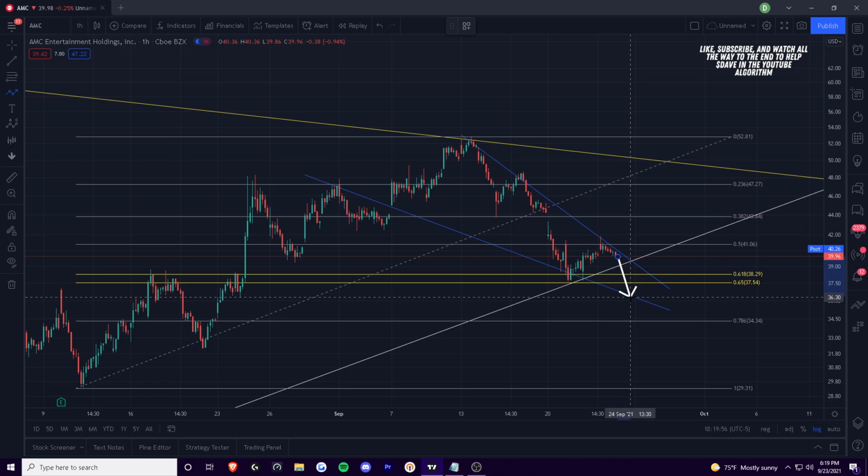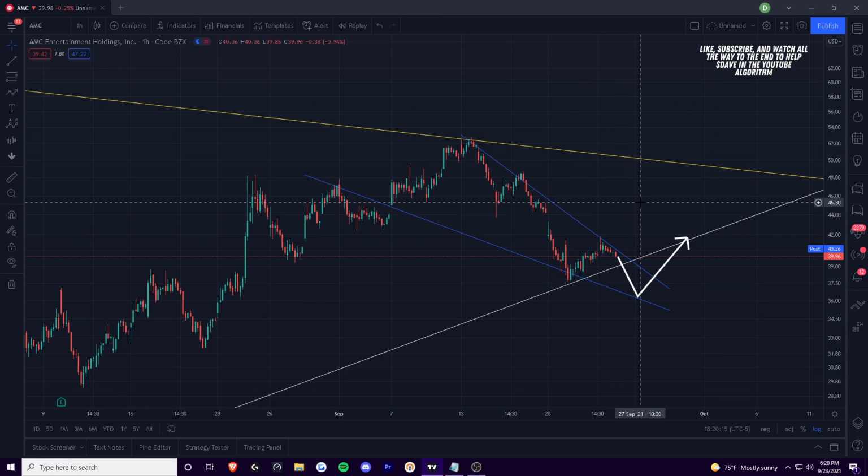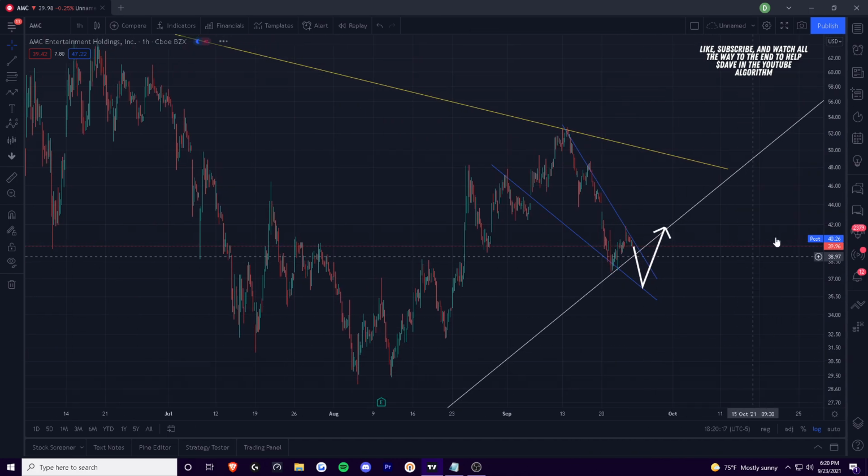But there might be one more push from bears down to test the bottom of the falling wedge. That might be at this $36.30 level before we break back up and actually break out of the wedge and prove the wedge to be true. That's the scenario I think you might see, and at least how I'm treating it.